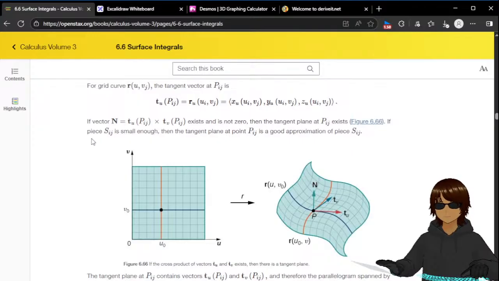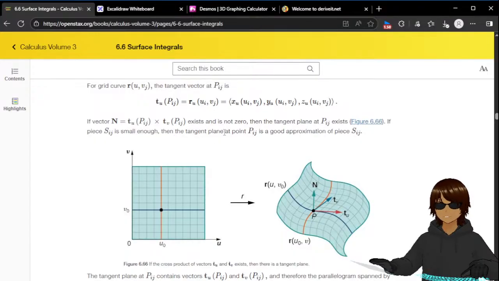If piece Sij is small, then the tangent plane at point Pij is a good approximation of piece Sij. Okay, so I get they're finding a normal vector, which is the cross product.